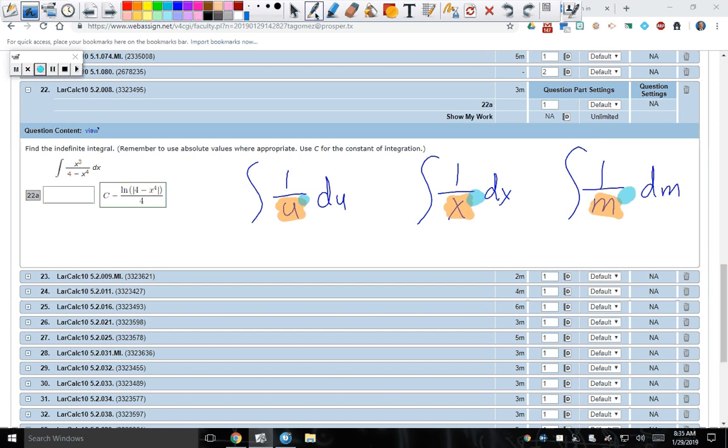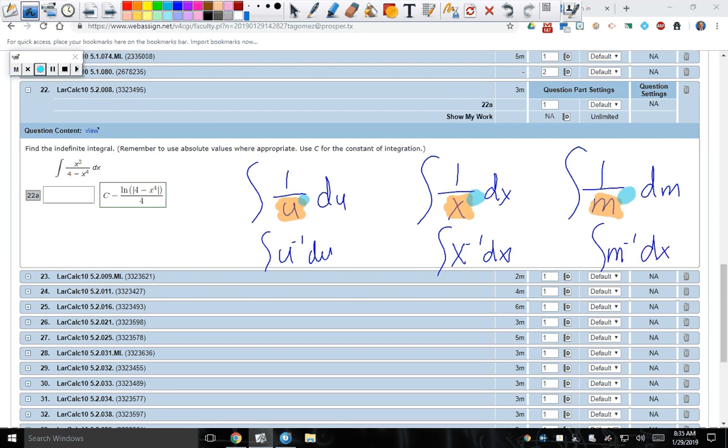It's the rule of integration for these kind of problems. Because I can write this as u to the negative 1. I could write this as x to the negative 1. And I could write this as m to the negative 1.